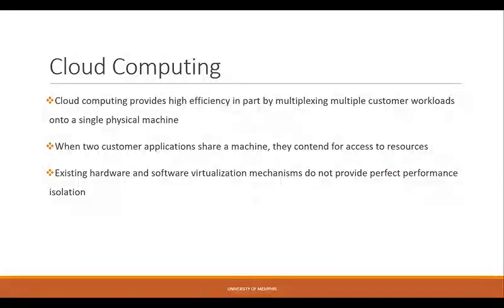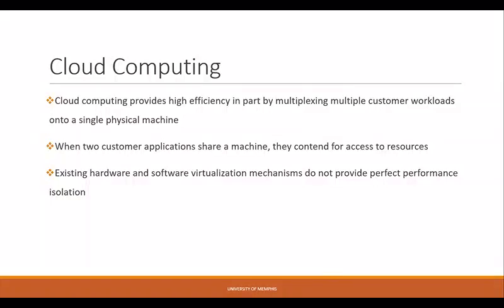I'll give just a few facts about cloud computing here. Cloud computing provides high efficiency by multiplexing multiple customer workloads onto a single physical machine, instead of having just one server or one application per physical machine. With cloud computing and virtualization, you can have multiple applications or operating systems running on the same physical machine, which achieves high efficiency and high utilization of your resources.